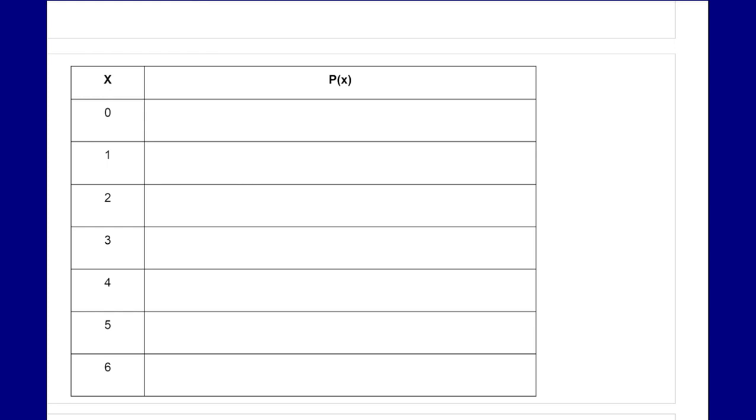So for the first one, you should have 10 choose 0 times 8 choose 6, divided by 18 choose 6. The second one, 10 choose 1 times 8 choose 5, all divided by 18 choose 6. And we just repeat that going down for the different outcomes. So again, you can go through and fill out the rest.